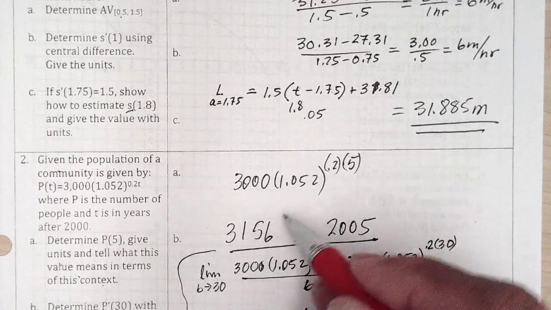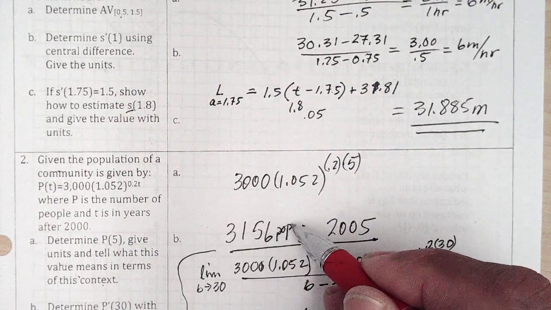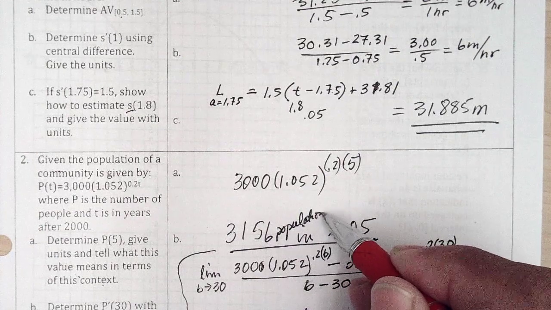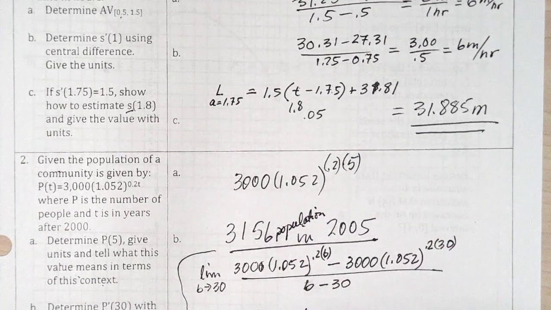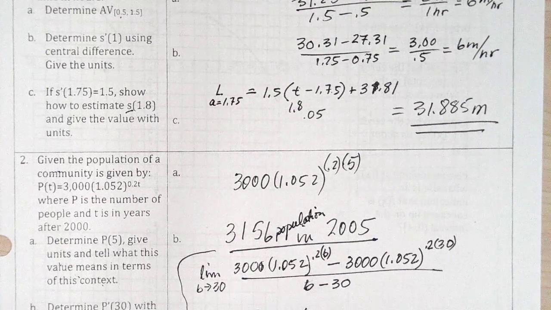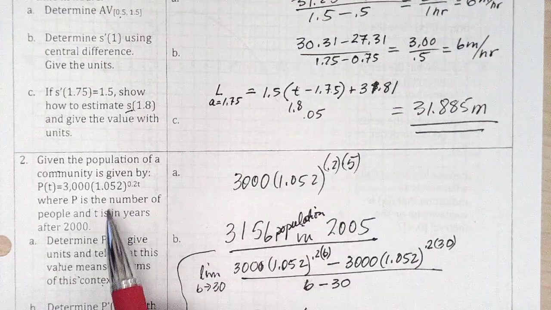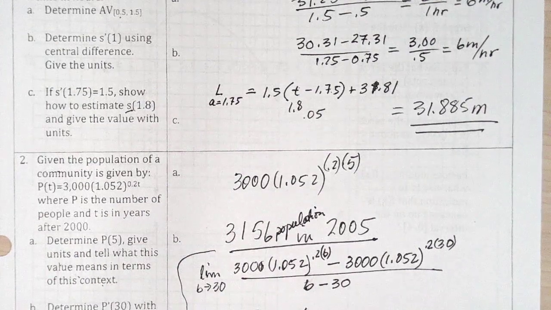So this is the population. And this is, write a sentence, explain the meaning here. The growth of the population per year in 2000 plus 30, in 2030.